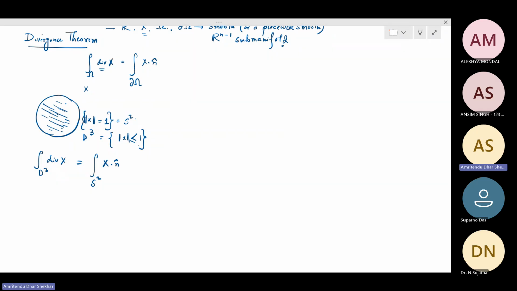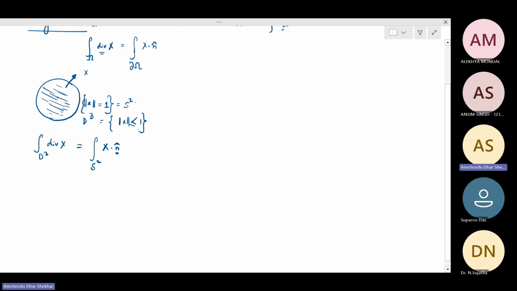So there's an outward facing normal and an inward facing normal. You look at the normal which is pointing outwards, and that is the direction of the normal in which you're supposed to take the inner product. This is the unit normal vector field on S2.